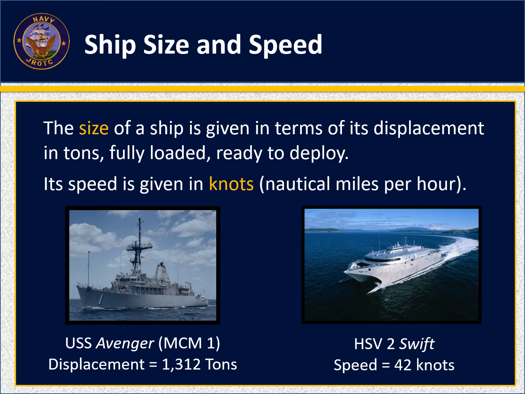When we're talking about ship speed, we use nautical miles. A nautical mile is just a little bit longer than a land mile. So you will hear an airline pilot's aircraft use the same thing. When you're talking about ship speed, you're talking how fast the ship will travel across the water using nautical miles, and this is called knots. So a ship going 42 knots is a ship that can go 42 nautical miles in 1 hour.